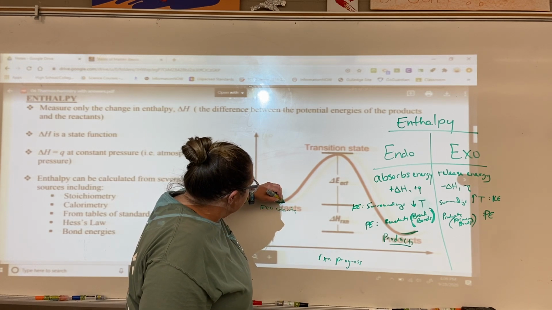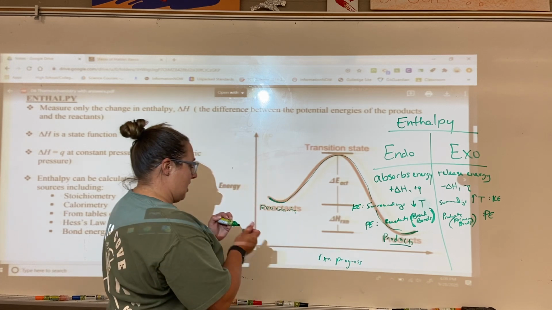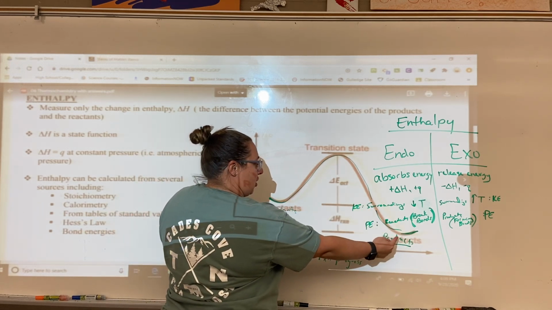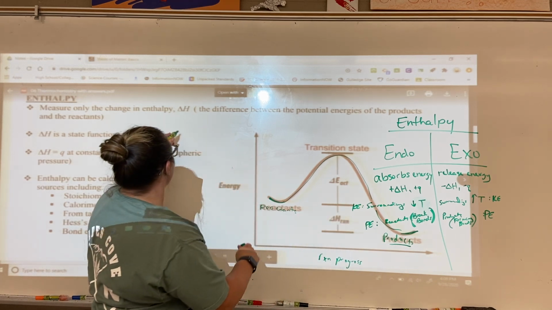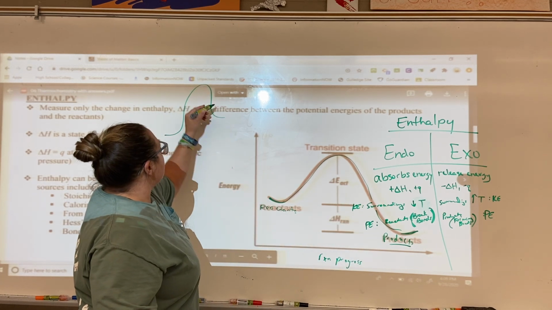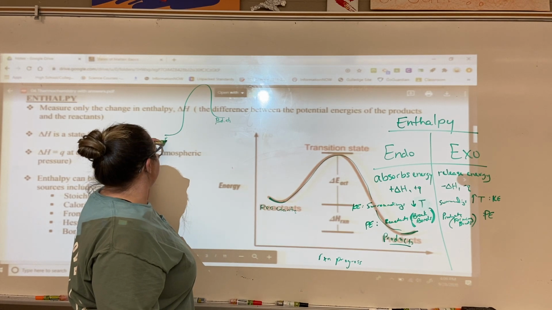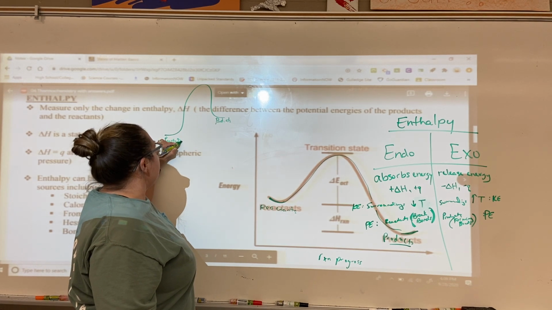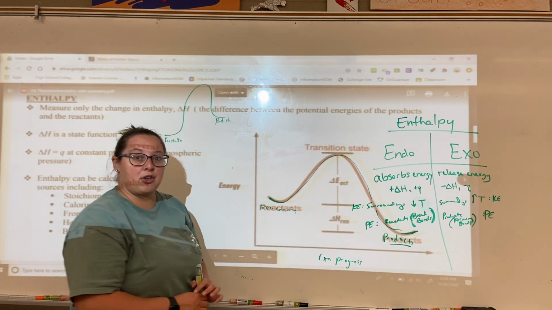As the reaction progresses, whether my products are at a lower energy state than my reactants, or at a higher energy state than my reactants, can help me determine if the reaction is endo or exothermic.